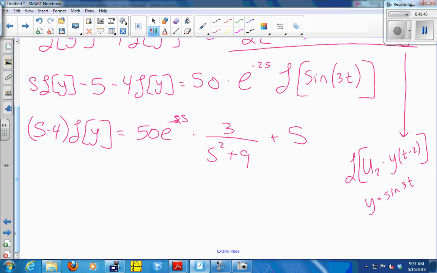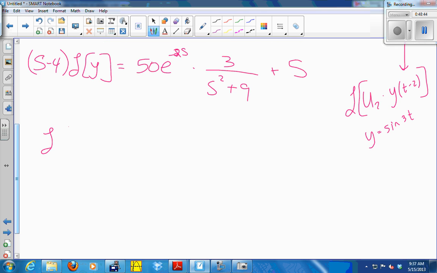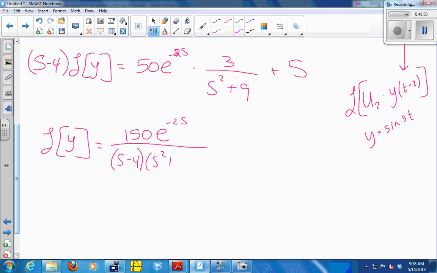Then divide both sides by s minus 4. So I'm going to have the Laplace of y equals 150 e to the negative 2s over s minus 4 times s squared plus 9, plus 5 over s minus 4. 3 times 50, yeah.